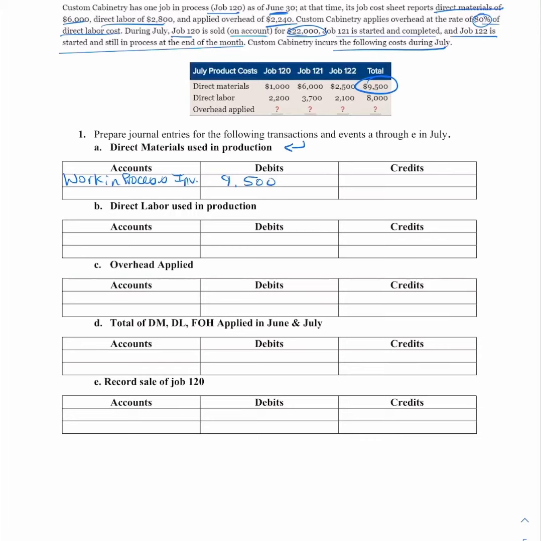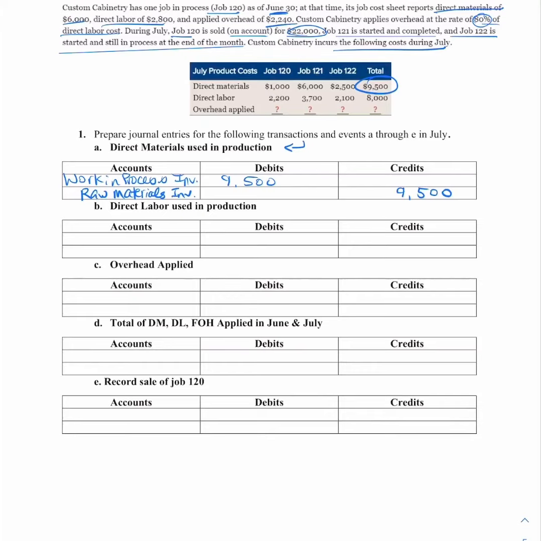Now, if it's going into work in process inventory, it has to be coming from somewhere, and where did we say that was coming from? That is coming from raw materials inventory for a credit of $9,500. So that wraps up the very first part of this question.